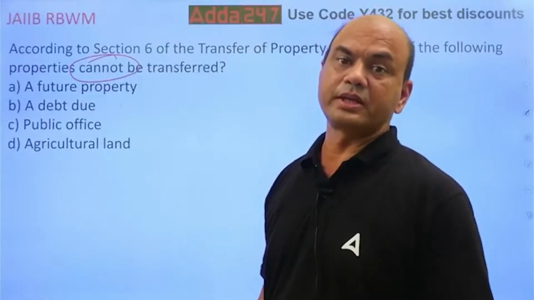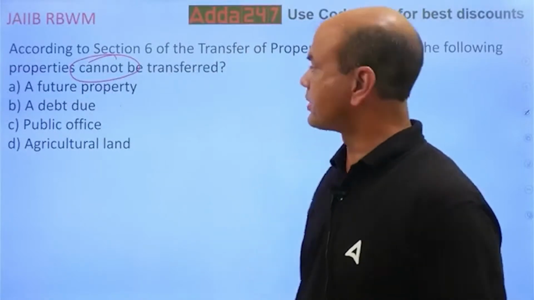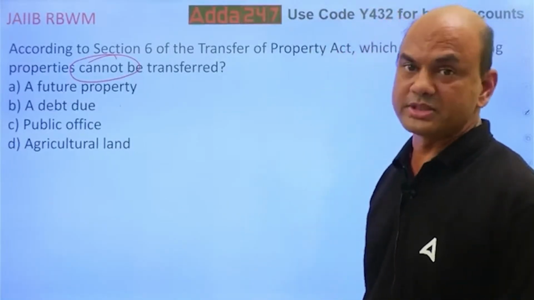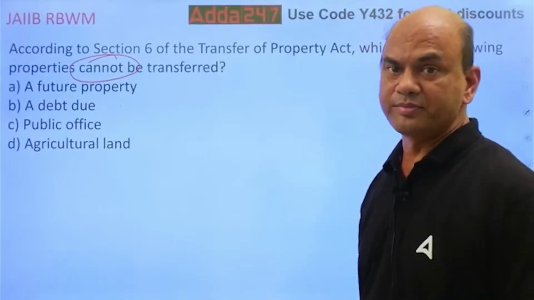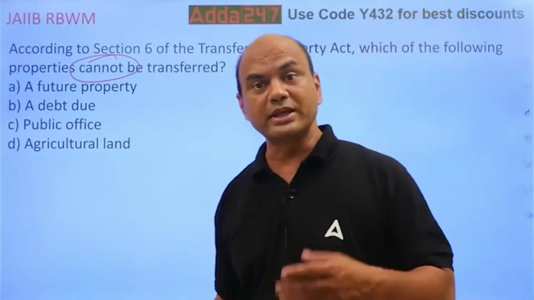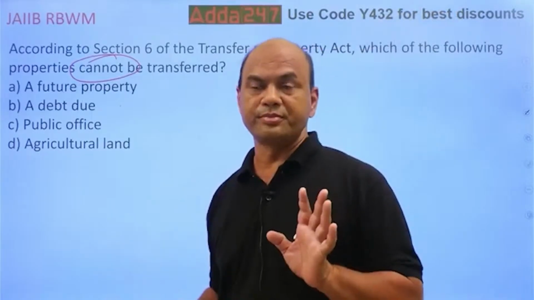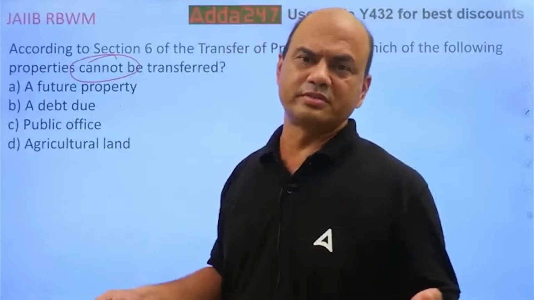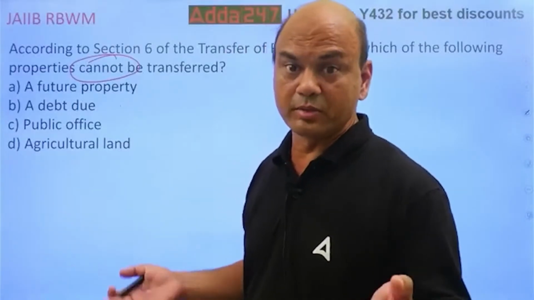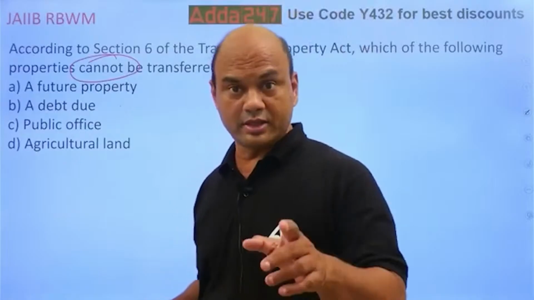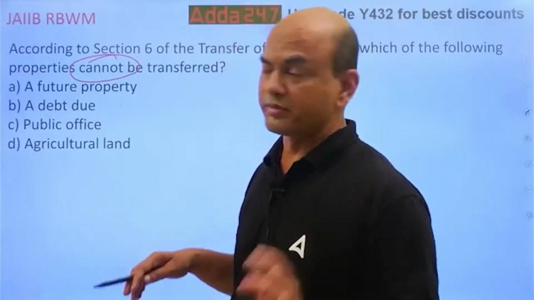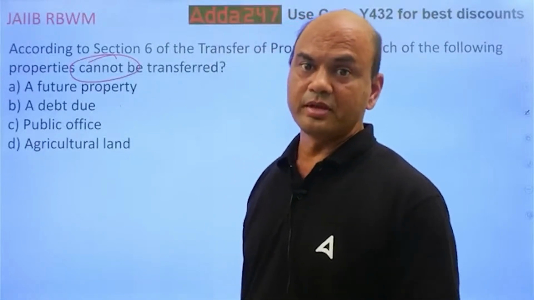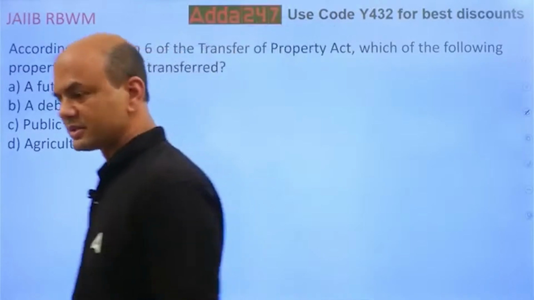Debt due means a debt which is due, I have to pay it to somebody. Public office means some government office. Can the government sell that public office? Think. I won't give you the answer right now. Agri land, can it be sold? Transferred? Think now. Give me the answer accordingly.